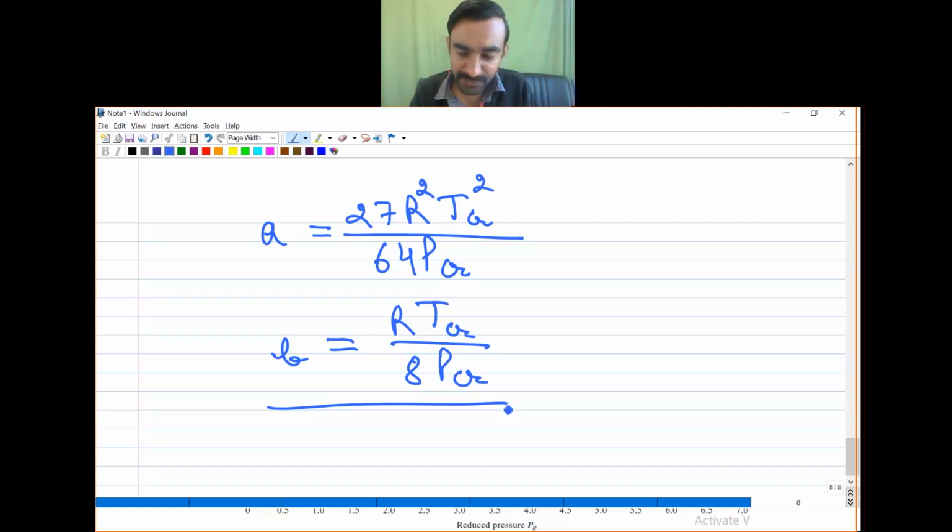Okay, so apart from this equation of state, many other equations of state are also available, but because I have already given you the generic nature of the compressibility chart, by just using that we can do the majority of our problems, particularly in the course of thermodynamics. So that's why we will not go beyond this point. I have just introduced the van der Waals equation for your knowledge only.